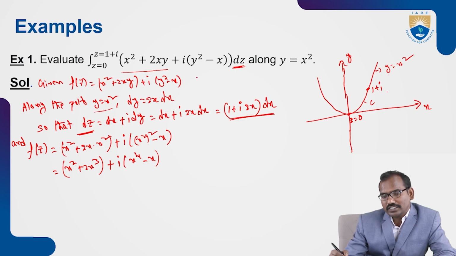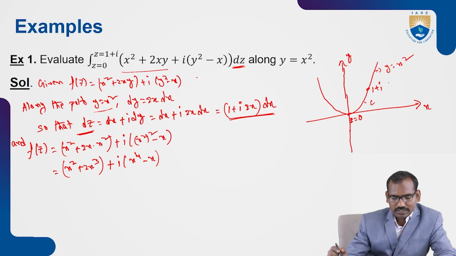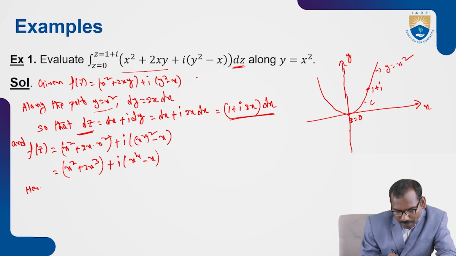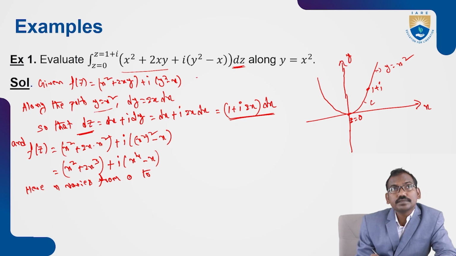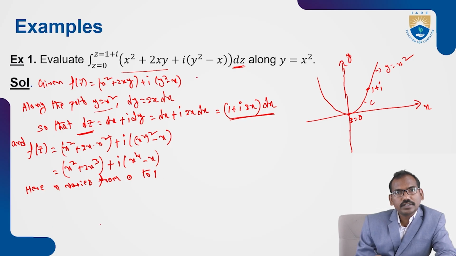And when z is equal to 1 plus i, what is the real part? Because we know z is x plus iy, in this case x will be 1, because at 1 plus i the real part is 1 only. Here, x varies from 0 to 1.